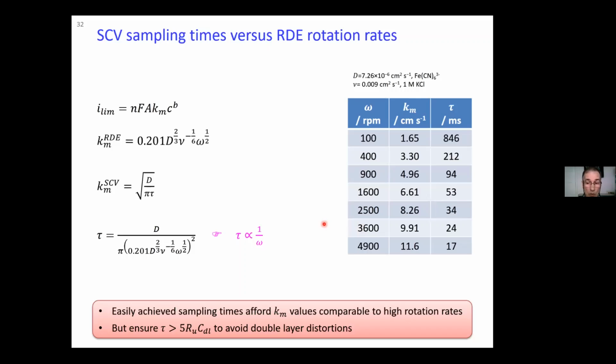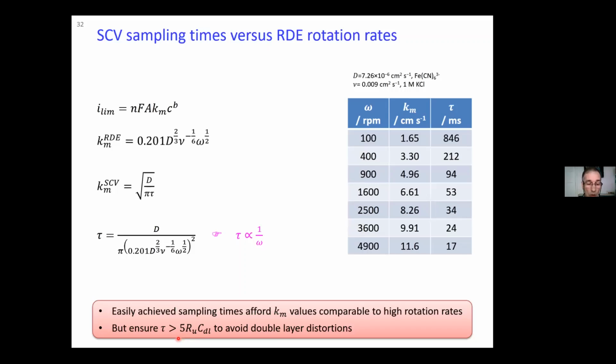So you can use sampled current voltammetry to achieve the same mass transfer coefficient as you would with a rotating disc electrode, but just bear in mind that you can't operate at arbitrarily short sampling times, because otherwise you will start having distortions from the charge and discharge of the double layer.